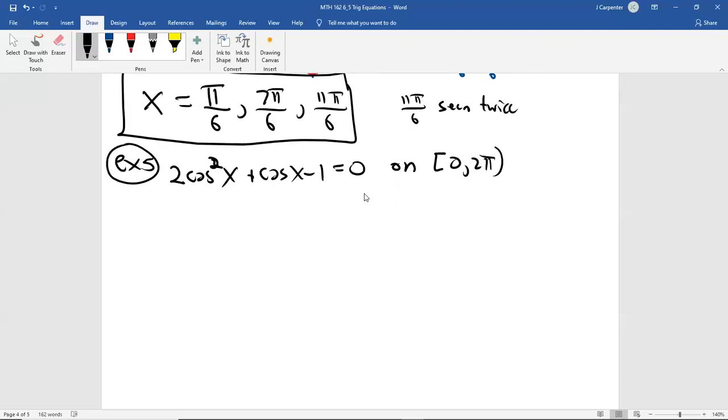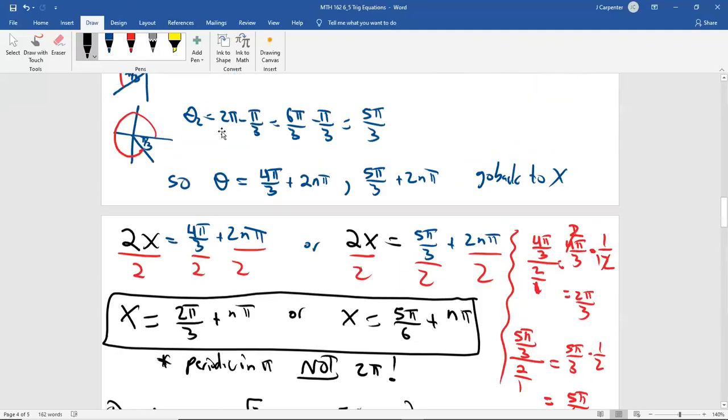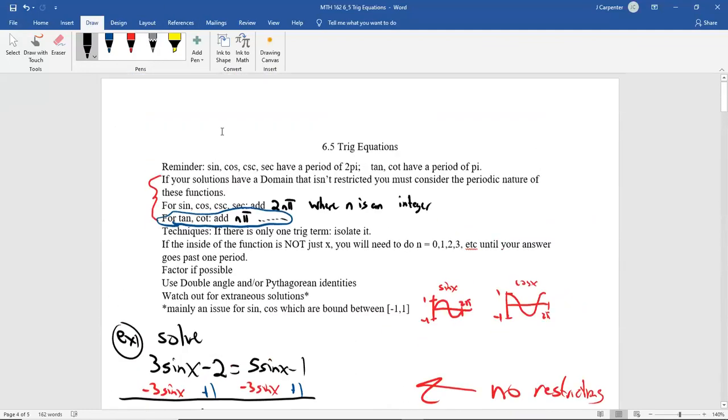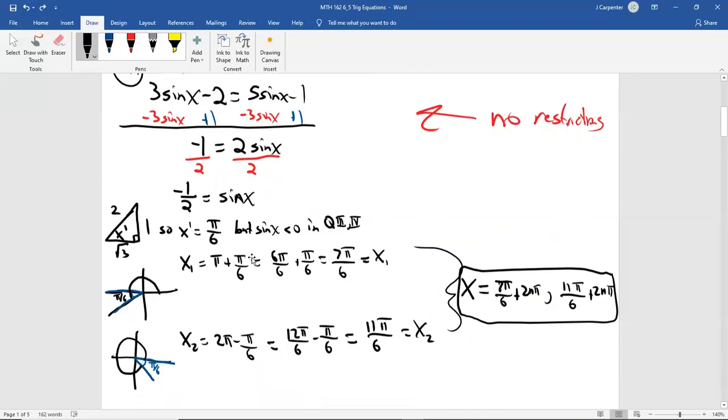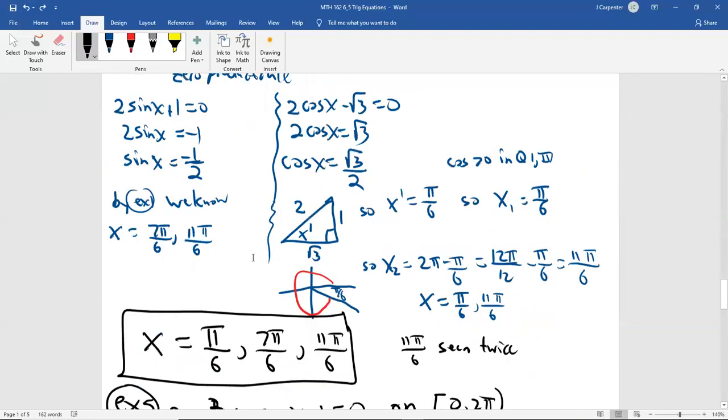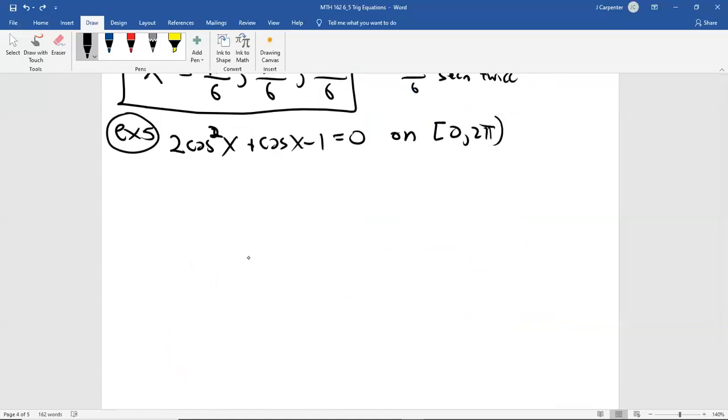All right, so back to the instructions. Factor if possible. Now you might say, well, what about Pythagorean? Would that be helpful? Because I saw cosine squared, maybe we want to make that 1 minus sine squared.